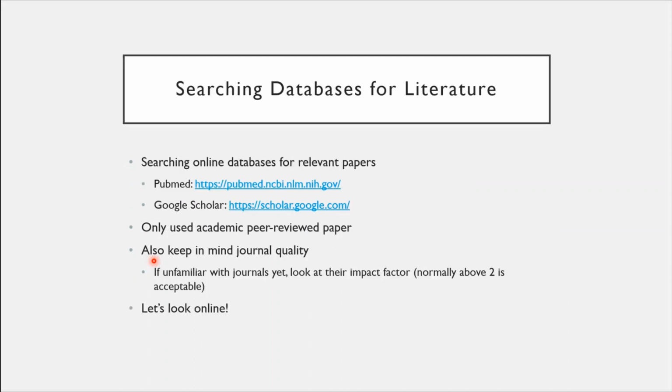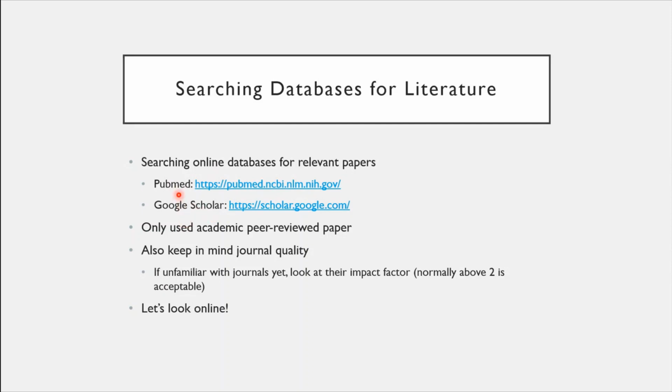Okay, so now I'm going to move to providing some basics on searching databases for literature. There are different online databases. The best ones, for many people as well as for me, are PubMed and then Google Scholar.